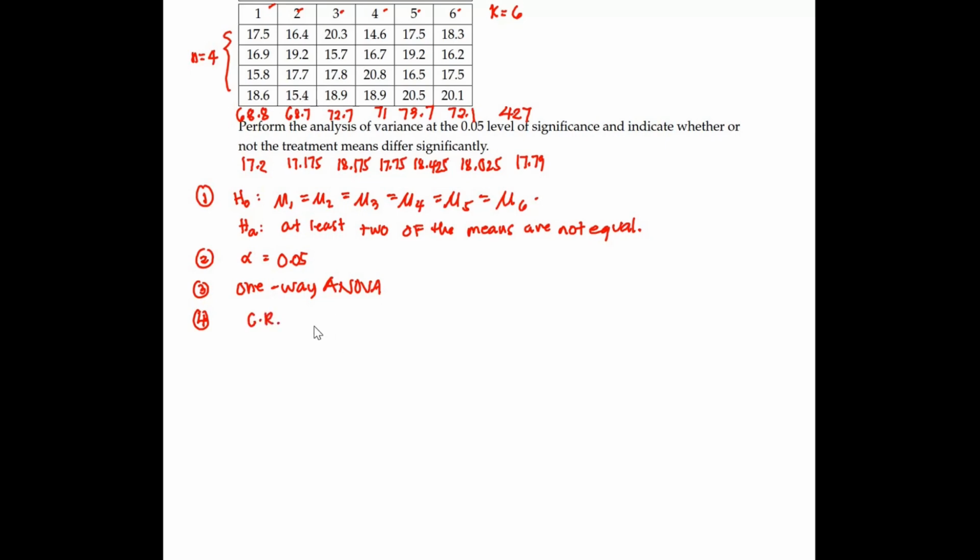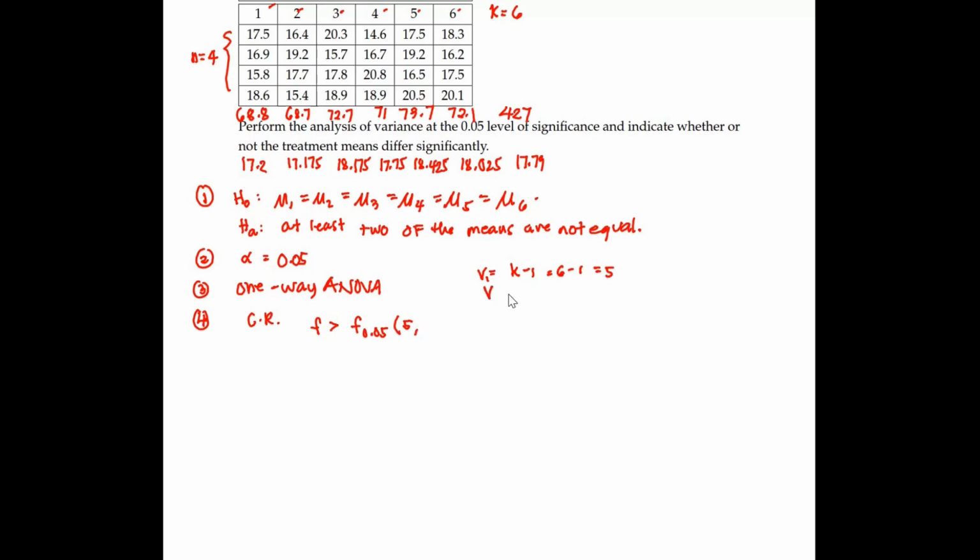So for the critical region, the computed value of f is greater than the tabulated value, where v sub 1 is k minus 1, which is equal to 5.